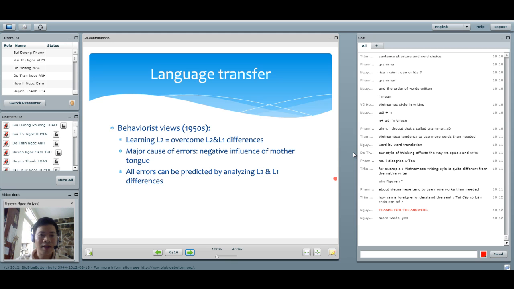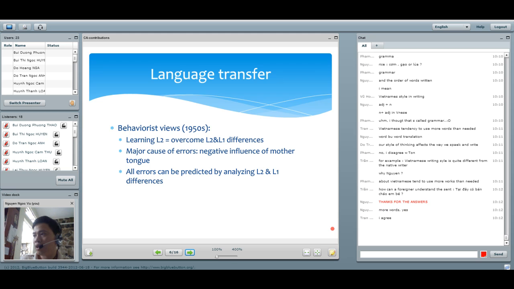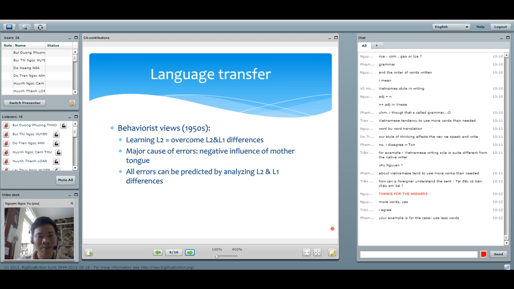Now, as for language transfers, there are two very different views on how we should deal with the issues, behaviorist, and this reminds me of the behaviorism theories in language teaching that was very influential after World War II. Now, the behaviorist views in linguistics were very similar.